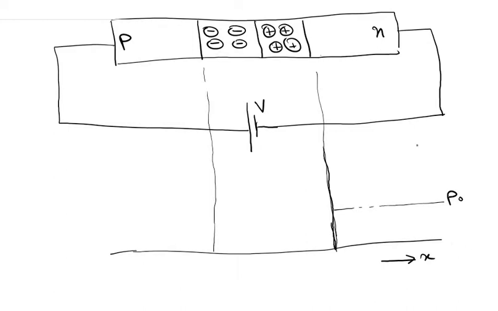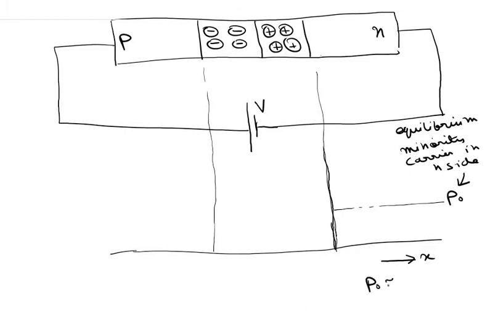Let me write it here. P0 is basically Ni squared divided by Nd, just as we discussed, where Nd is the donor concentration in the N side.